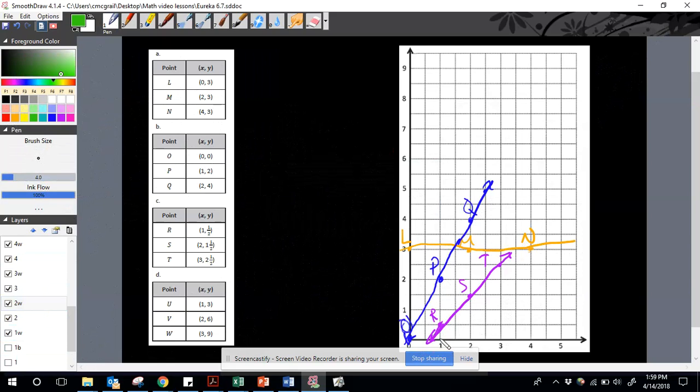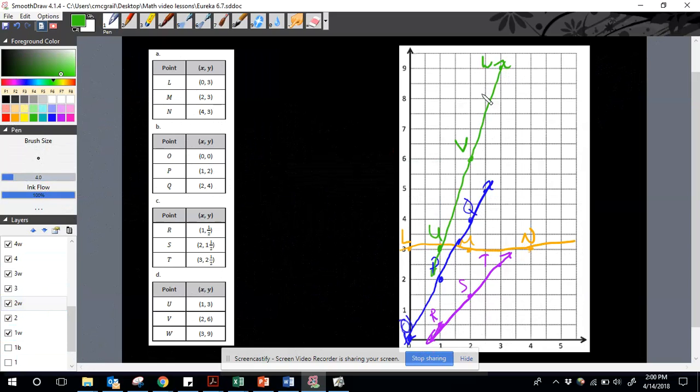Point U is 1 comma 3. Point V is 2 comma 6. And then W is 3 comma 9. And these also make a straight line.